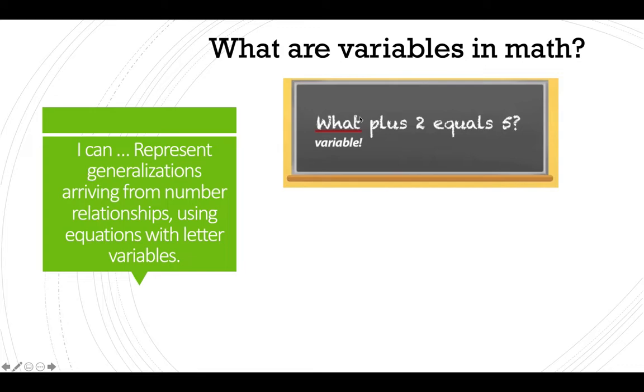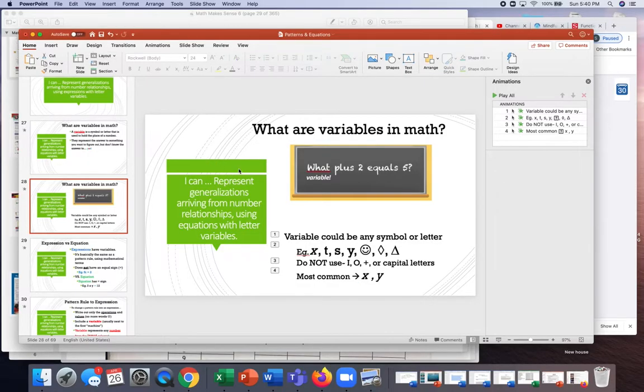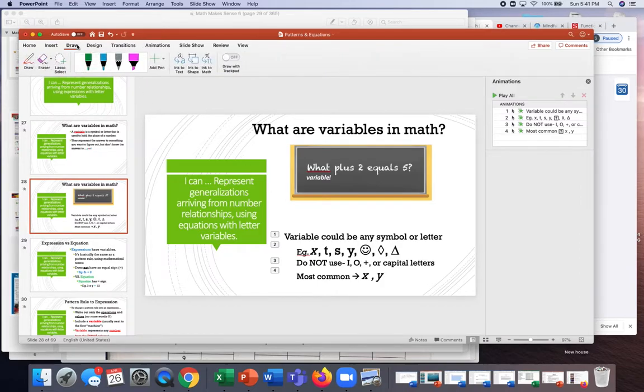So this would be kind of an example, okay? So what plus 2 equals 5? So this would be the what we don't know yet. We want to figure it out, right? So if I was to kind of like draw this, or if we were to write this down, let's see, okay? So that would be like my question mark, okay?